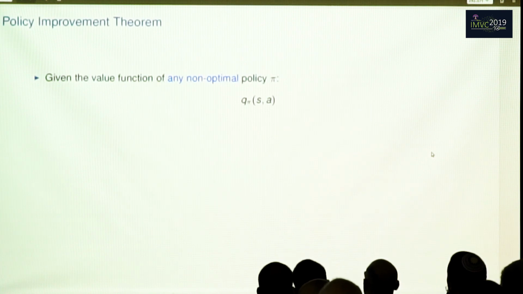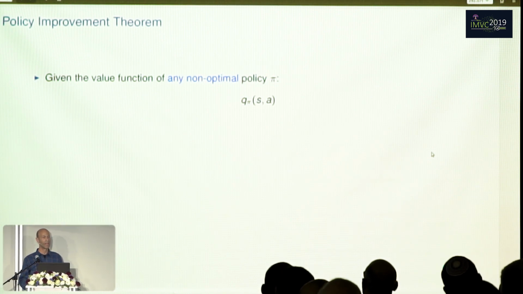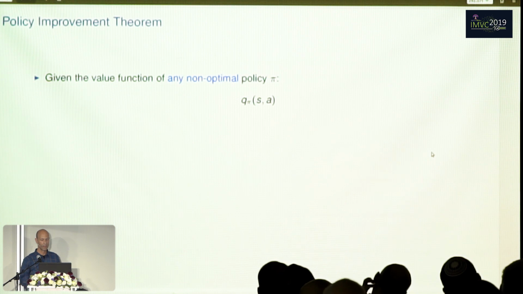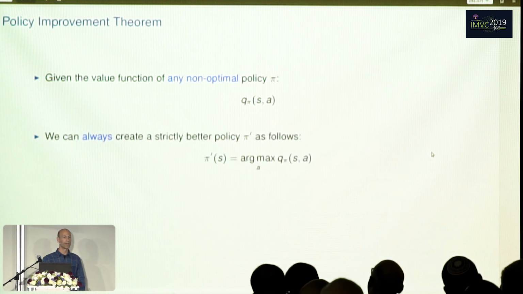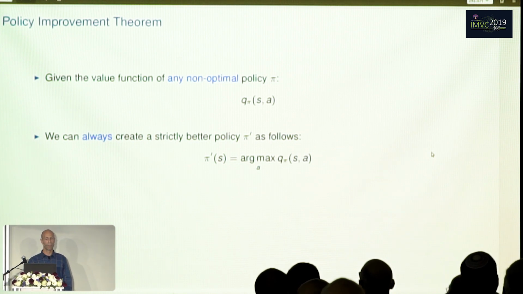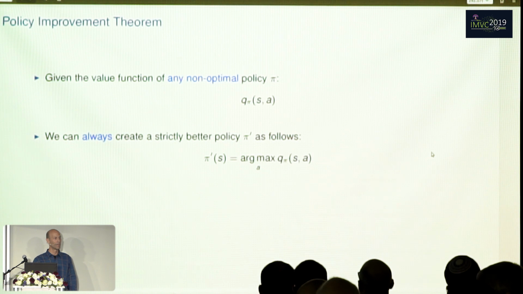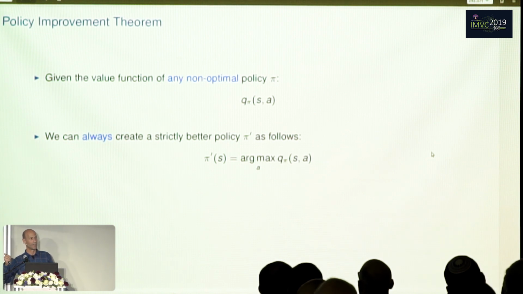Why do we care about policy evaluation? The reason is the policy improvement theorem, which says that given the value function of any non-optimal policy pi, we can always create a strictly better policy pi prime as follows. If we have the Q values for pi, then pi prime at a given state S will select the action that maximizes the Q values computed for the old policy pi.